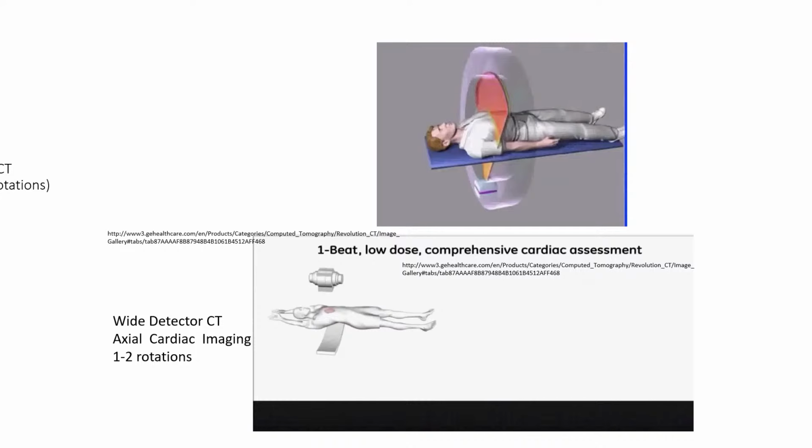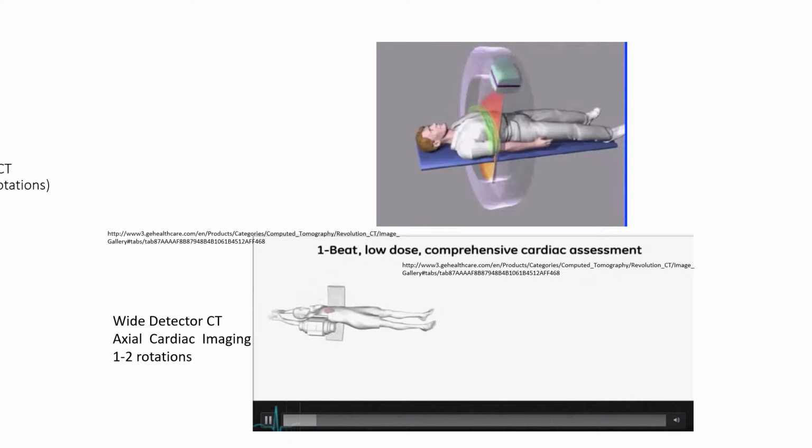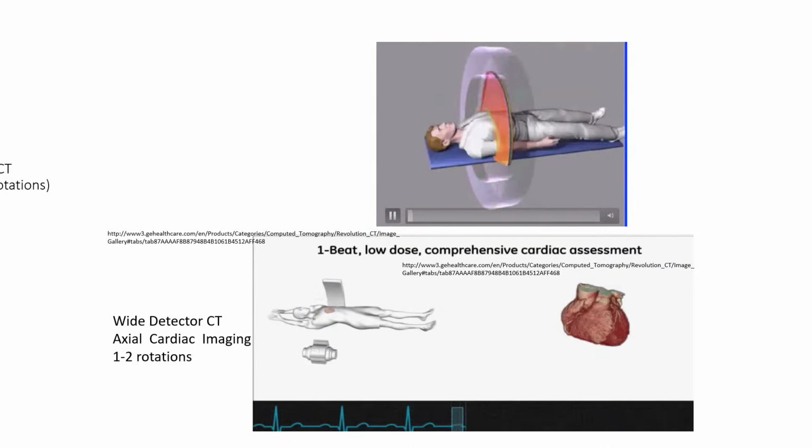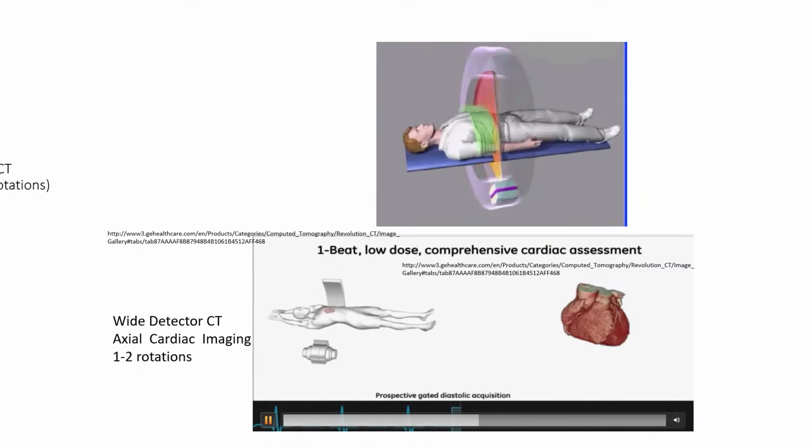Okay, something wrong with this, not playing. Okay, there we go. So this is 1B. So this is a narrow detector CT or dual source CT. Patient has to be moved.